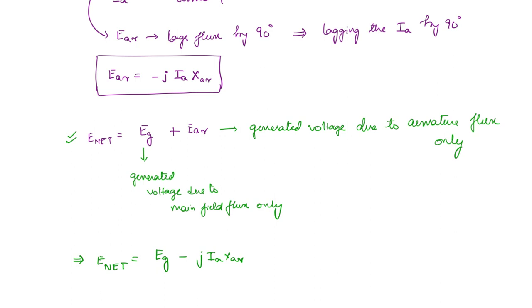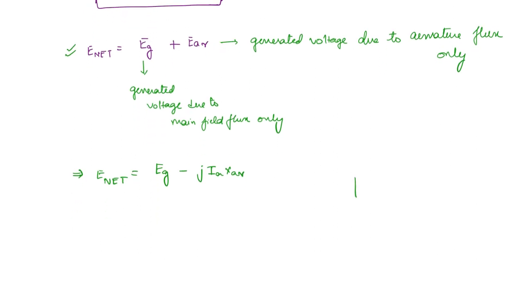Okay, so how can you model this? If you draw a voltage source here, this is EG. Now EG is the voltage source. If you consider, then you can take an inductor and the voltage that is available here is the net voltage. What will be this voltage? This is J times IA XAR.